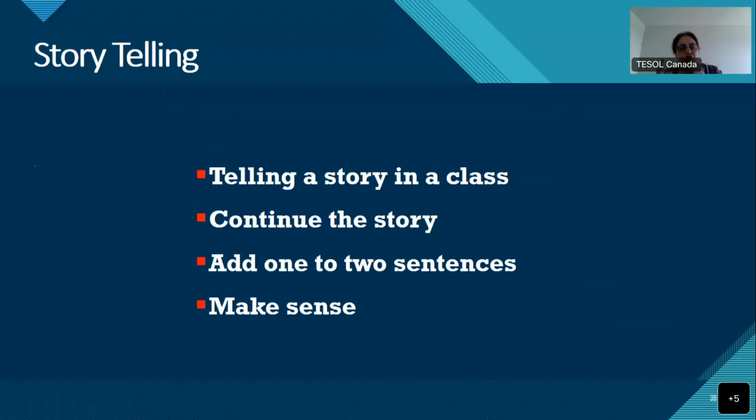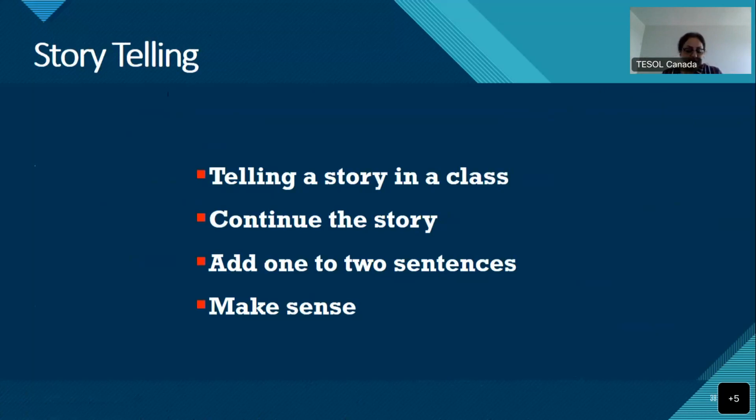Or maybe you start a story and then say, I want you in your groups to talk and make its ending. So they have different ideas and then they discuss in their group, then they share it with the whole class. That would be fun. In lower levels, they add one or two sentences, but in higher levels, they can even change the story.